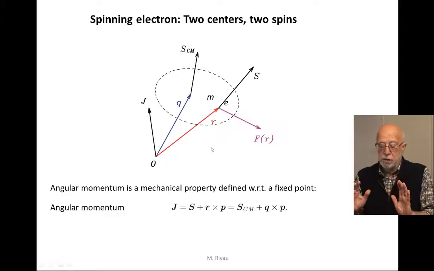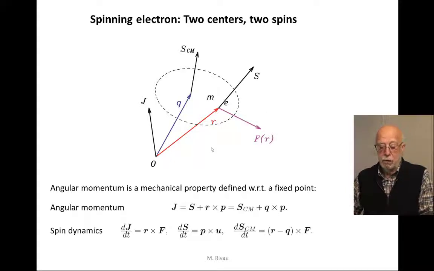Okay, these three angular momenta are different objects, and they also satisfy a different dynamical equation. Under this external force, the torque of this force with respect to the origin is the time derivative of the total angular momentum.